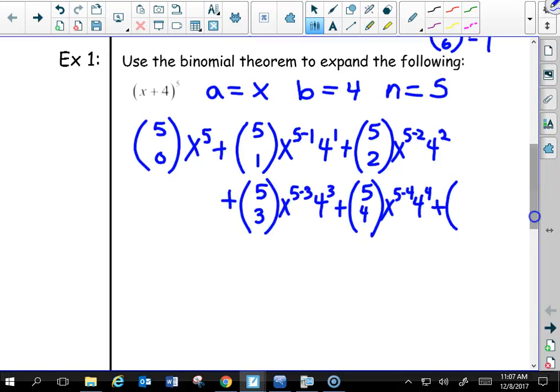Last one, and I know I'm in the last one when I have the same number in my combination, x to the 5 minus 5, and 4 to the fifth.